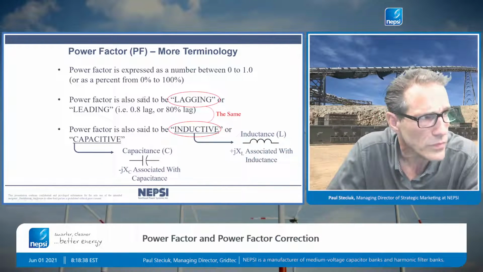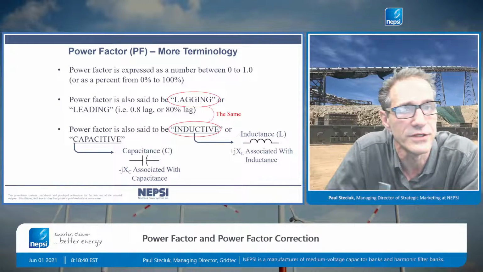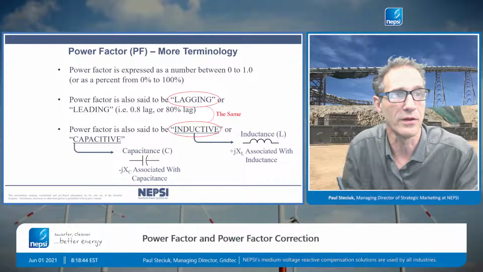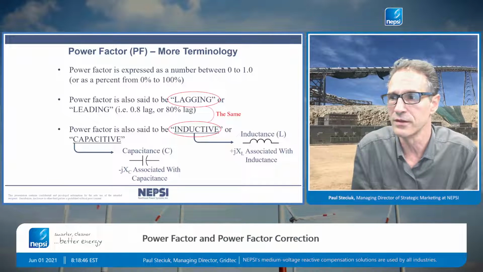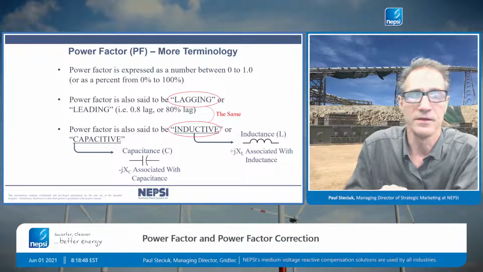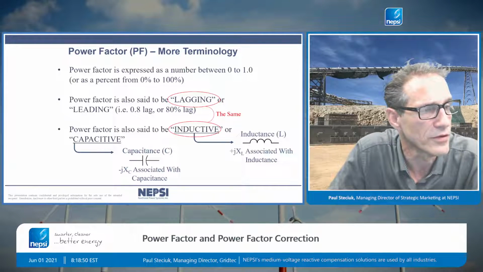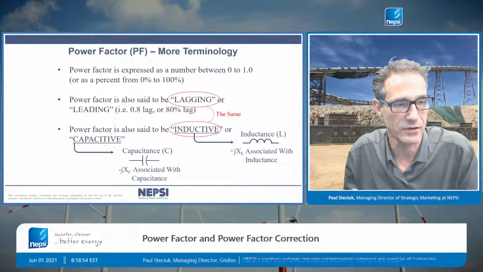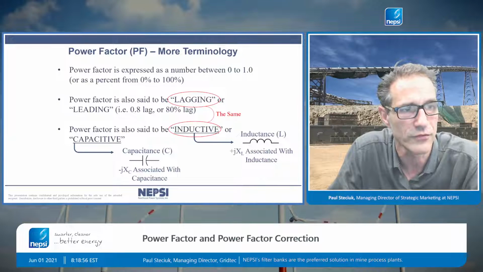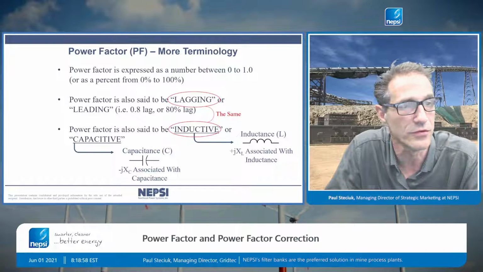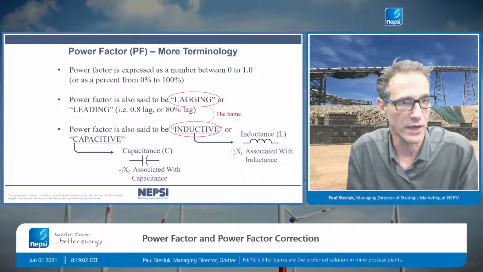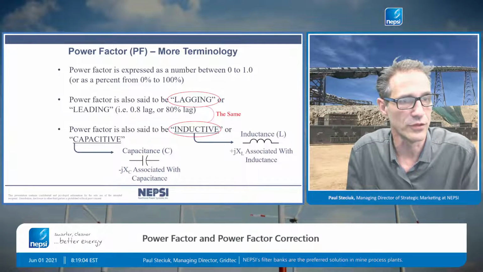Okay, so we often see terminology associated with power factor, one of those being lagging. If I have a lagging power factor, what that means is the system is inductive. Why do you say it's lagging? It's because the current lags the voltage. Voltage becomes the reference when you're doing power system measurements. Does the current lead or lag that voltage waveform?